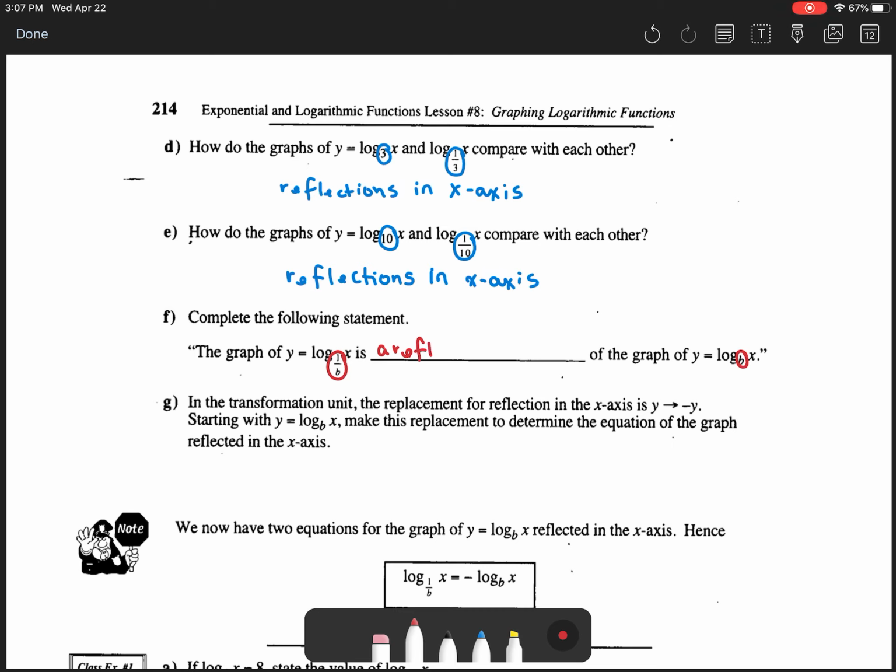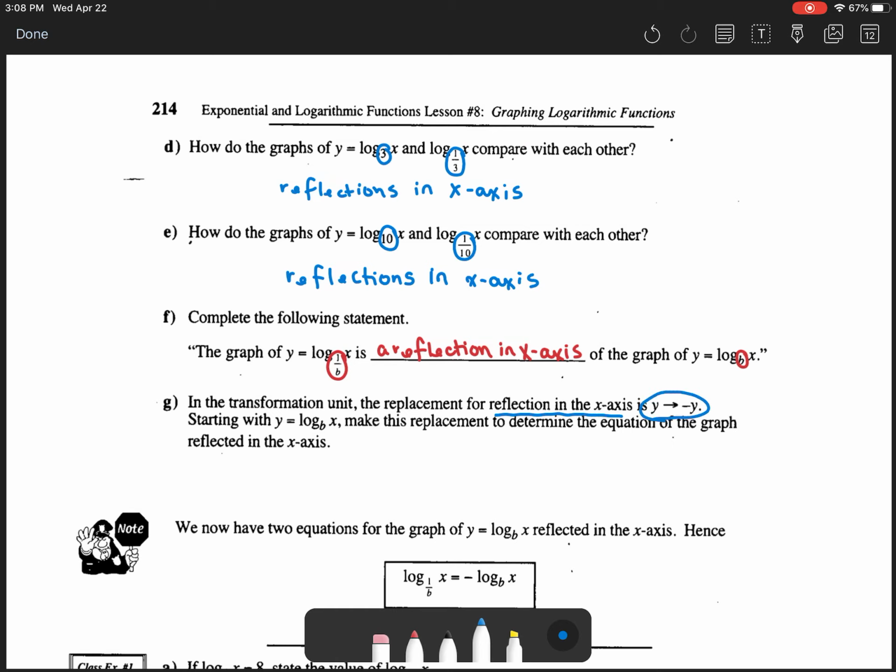And again, to restate the same thing, the graph of log base 1 over b of x compared to the graph of log base b of x, those are a reflection in the x-axis. Hopefully that's making sense. We've made that point enough times that now that's kind of sticking in your brains. When the bases are 1 over each other, then they are reflections of each other in the x-axis.